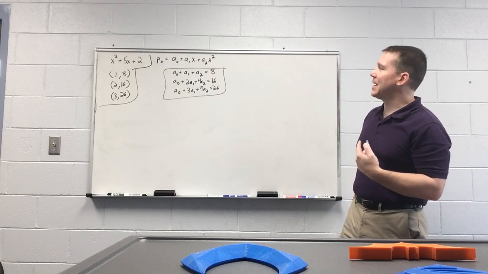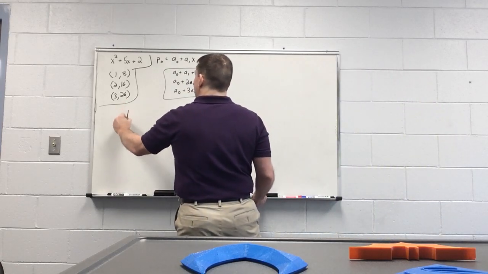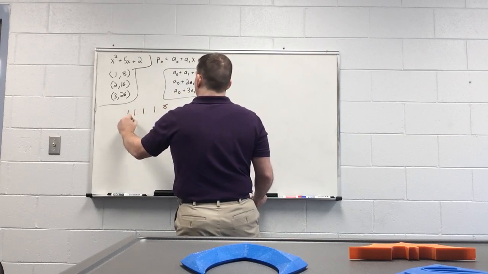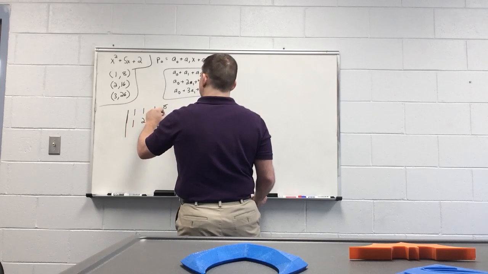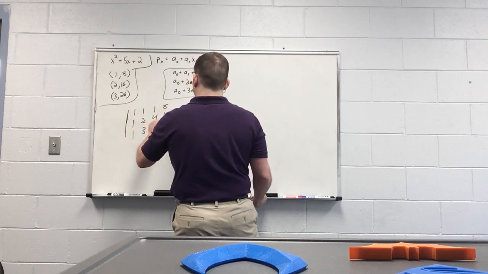And here we'll actually write it as a matrix and do all the elimination. So, written as a matrix, I get 1, 1, 1, 8; 1, 2, 4, 16; 1, 3, 9, 26.